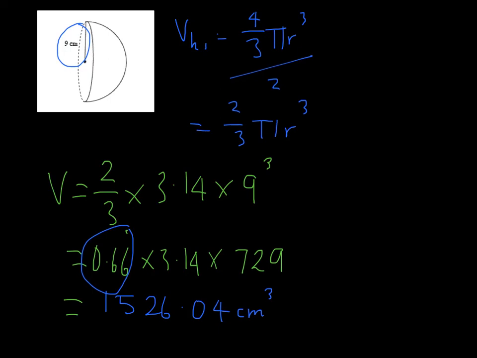We could have done the other formula. Let me quickly do it now, which would have been equal to 2 pi r cubed over 3. You can just see I've rearranged it a bit.